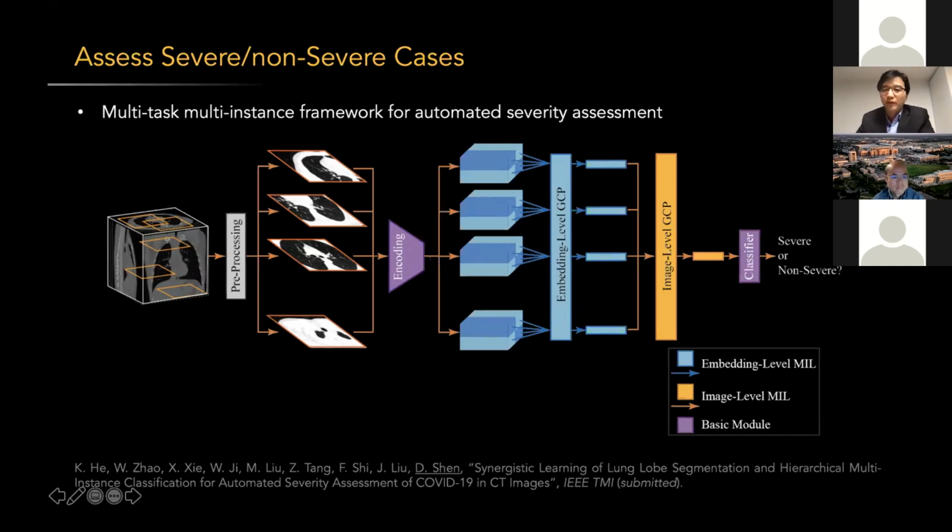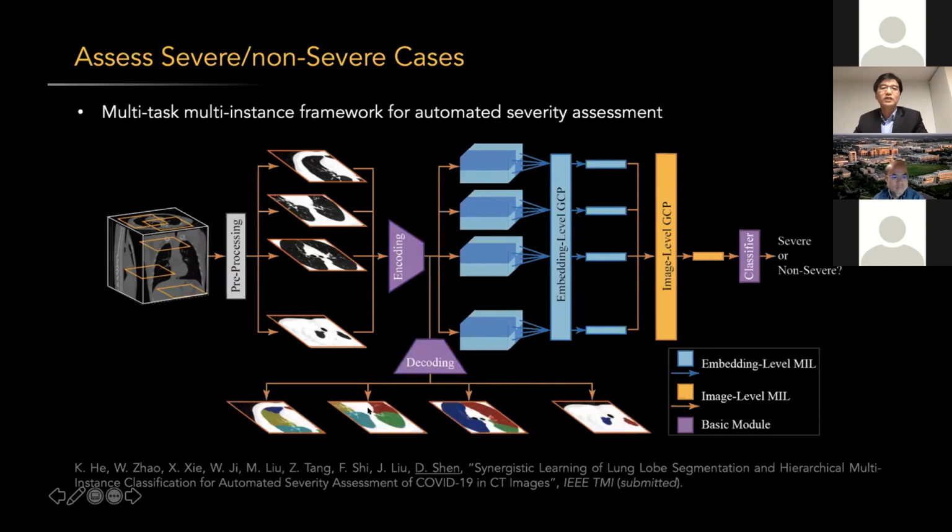Of course, this is a method. Again, as I mentioned before, we hope all these features used to estimate survival and non-survival are selected from the lung area, not outside of the lung. So in this case, we add another decoding part, to try to segment lobes from the lung. For example, you pay attention to this patch, the original patch here. You can segment it into the lobes, so this patch corresponds to this patch, and these two correspond to these two.